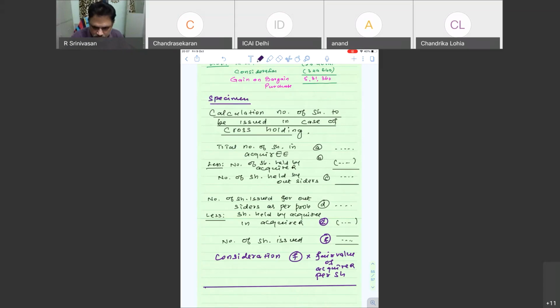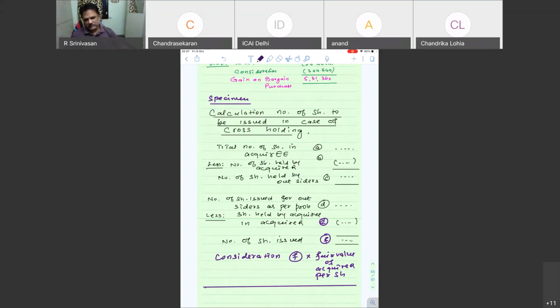Any doubt? Anyone of you? Here NCI valuation and all will not come. That comes only in business control. Here you are purchasing the entire shares, the entire company.